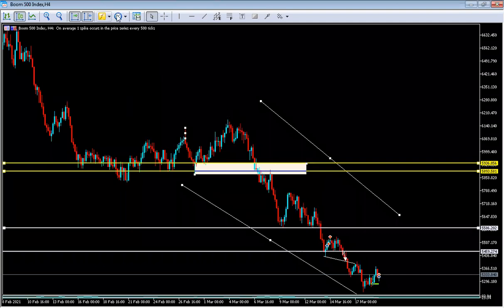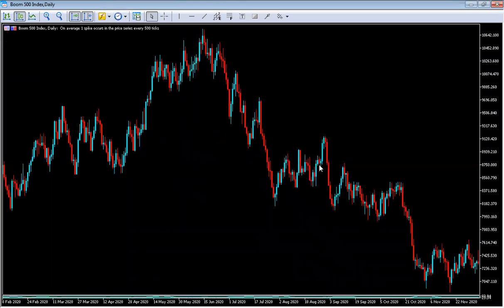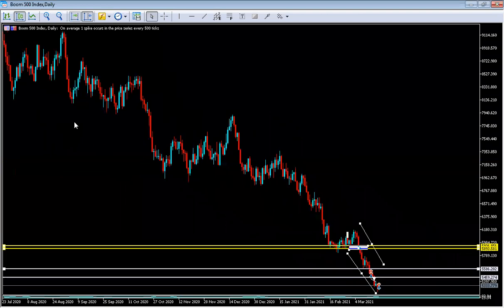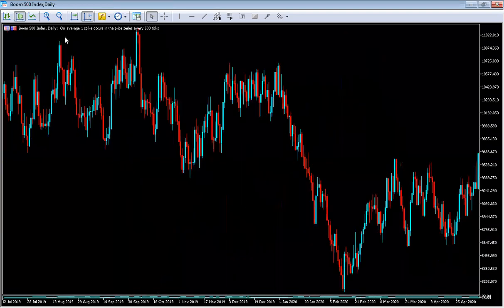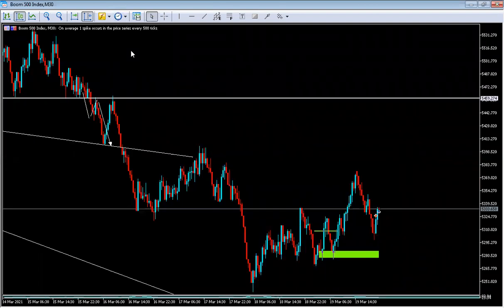Now let me see if I can find some other example for better understanding. Now we are in the daily time frame. Let me see a 30 minutes time frame.